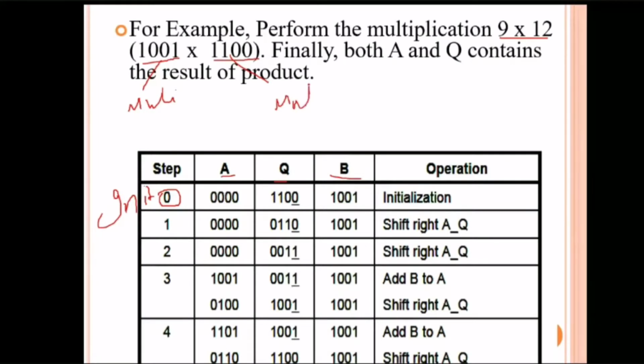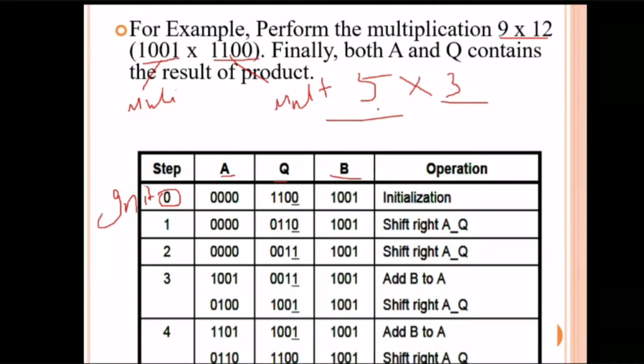Am I right? For example, 5 into 3 means 5 is the multiplicand and 3 is the multiplier. So 3 times I am going to add 5, right? So this is the multiplier, and here the multiplicand is there, no?